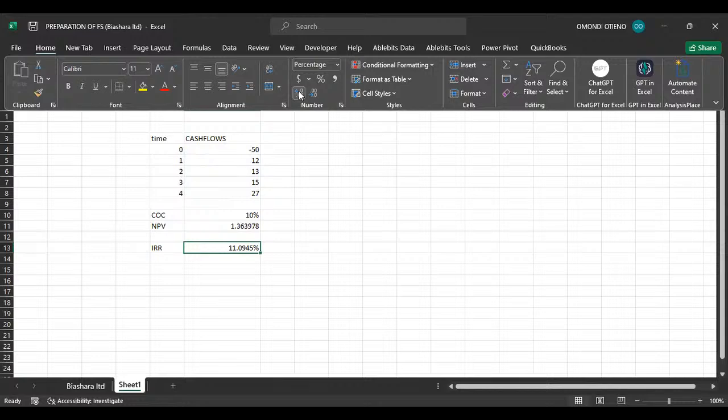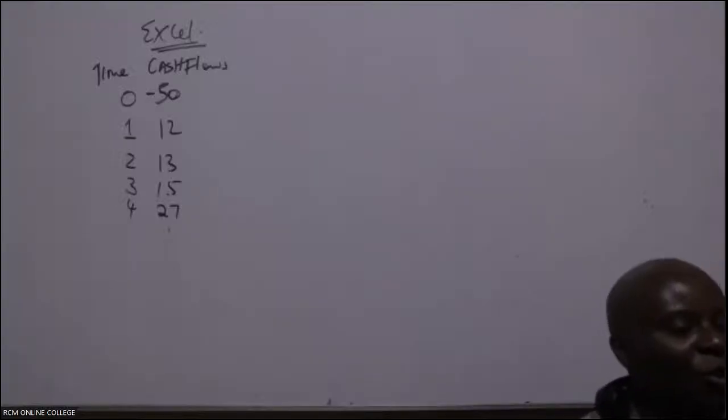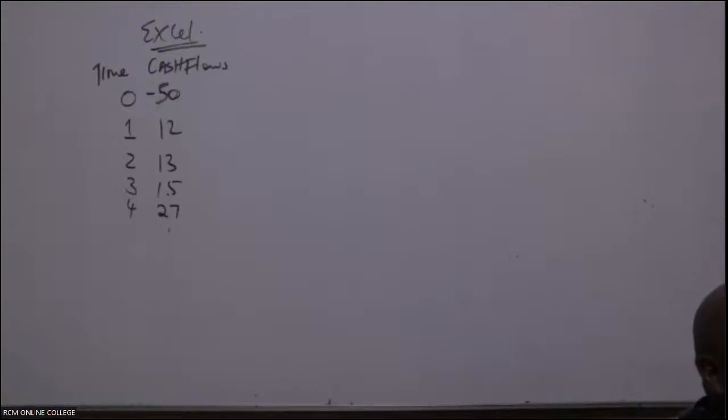Is it Mwalimu's figure or Excel's figure? Excel will be more accurate because Excel does not use that concept of trial and error. So Excel is much better.